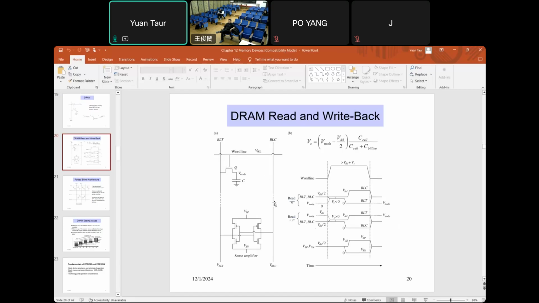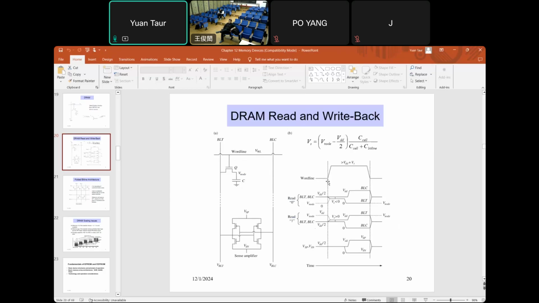So this bit line goes through a dummy cell that's not opened by this word line voltage. Okay. We'll show that later. But the waveform for the signal for the read and write back cycle is shown here.